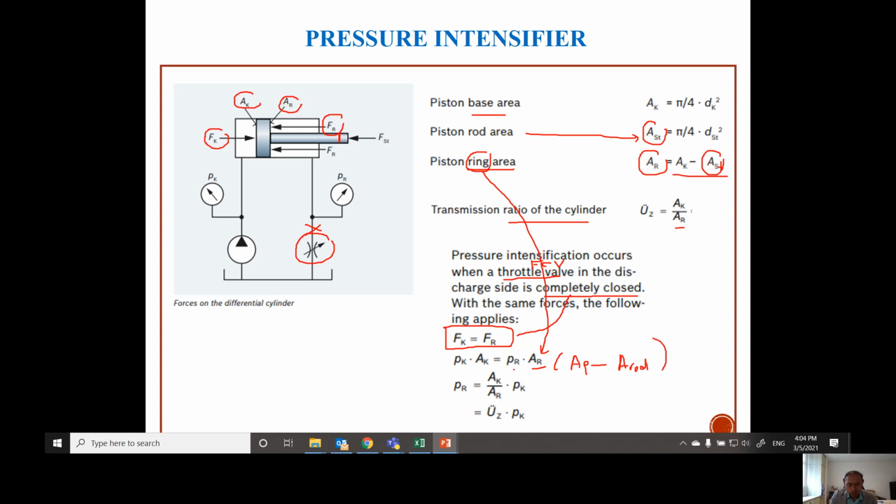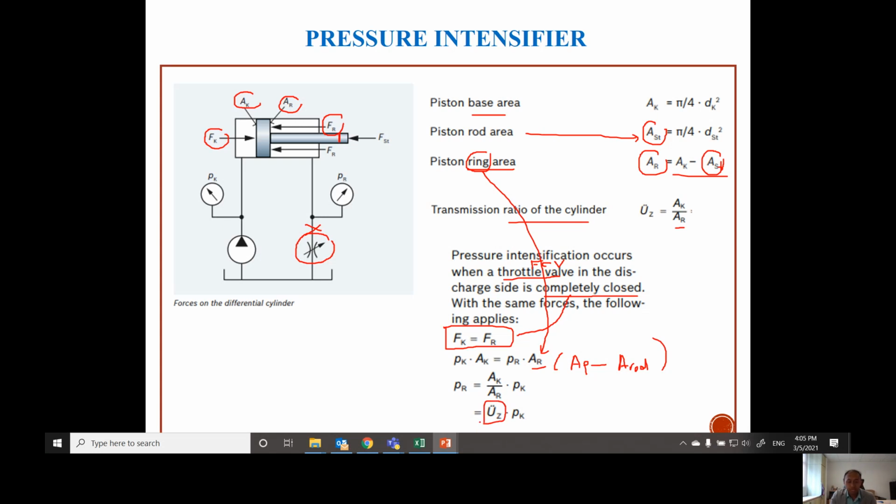So FR equal to PR times AR, ring area, and then when you rearrange this, you will get the pressure during retraction is equal to AK over AR times PK, and AK over AR we know that it is actually the transmission ratio.